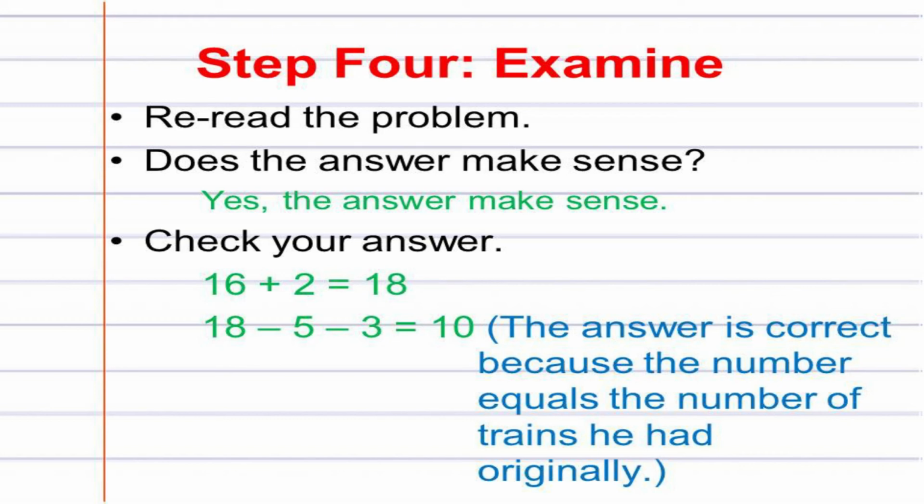So 16, which is now your answer, the number of trains that are unbroken, plus the 2 trains that are broken, will give you the total number of trains that you have.